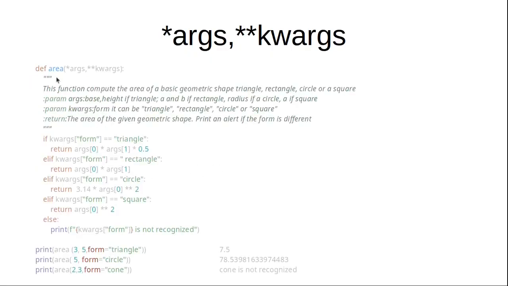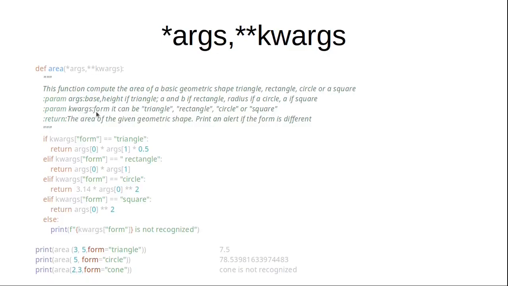Another example, a function called area with star args and double star keyword args as parameters. The function computes the area of a basic geometric shape such as triangle, rectangle, circle, or a square. The parameters are base and height if a triangle, a and b if rectangle, radius if a circle, a if square.